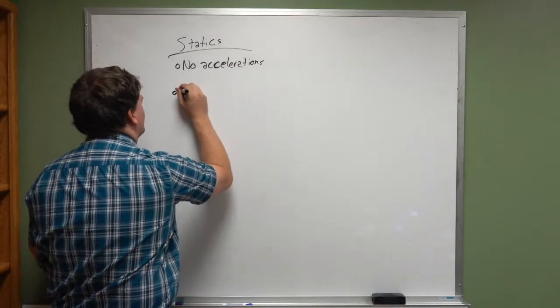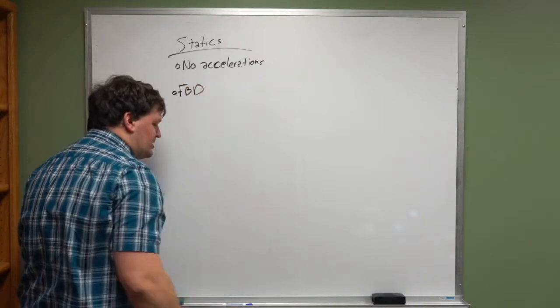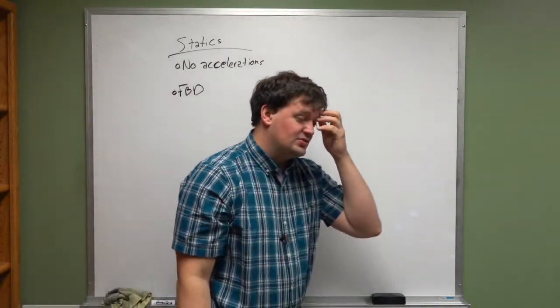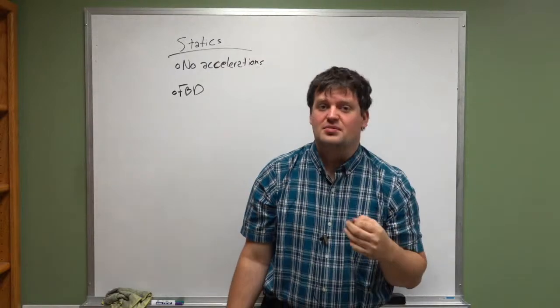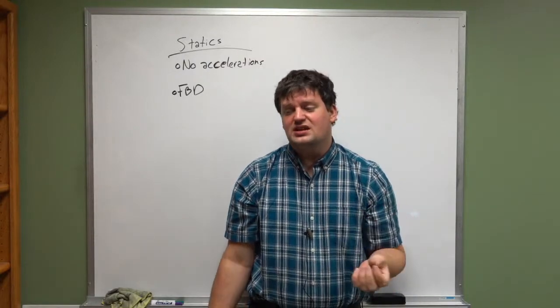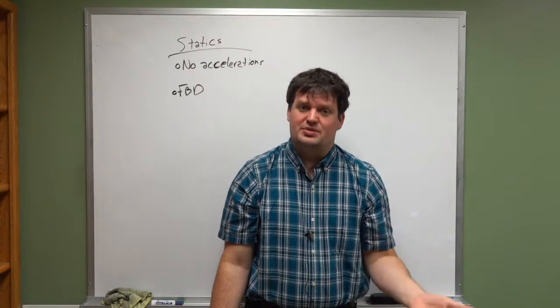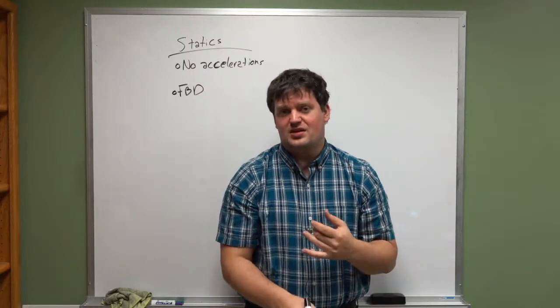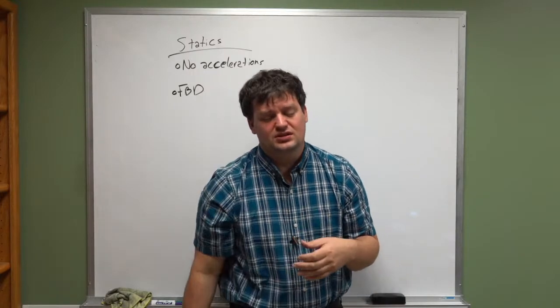So free body diagrams are fundamental to every engineer, particularly a mechanical engineer. If you understand how to do a free body diagram, you're in a great place. It helps you deal with math, vector mechanics, everything.